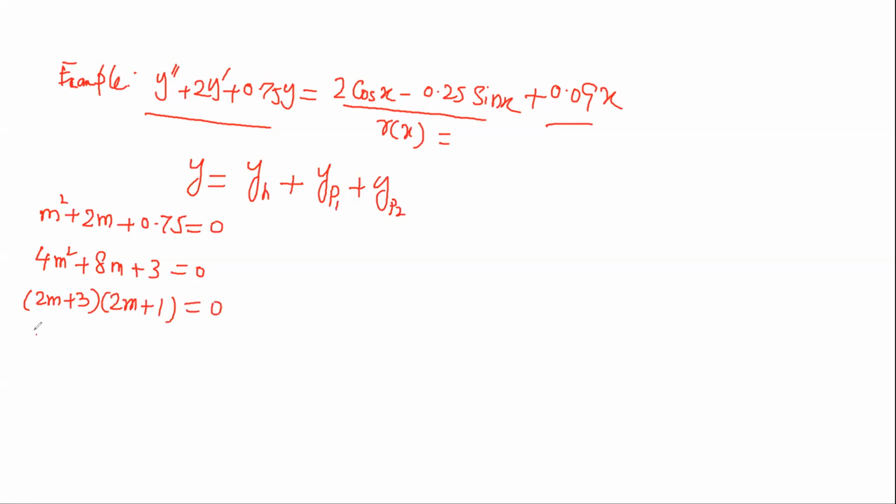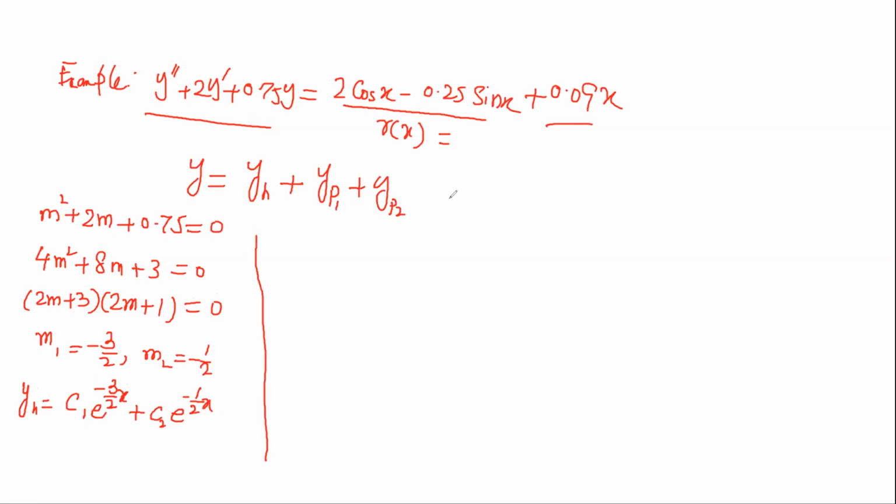So m1 will be equal to minus 3 by 2, and m2 will be equal to minus 1 by 2. So the homogeneous part of the solution will be c1 e power minus 3 by 2 x plus c2 e power minus 1 by 2 x.